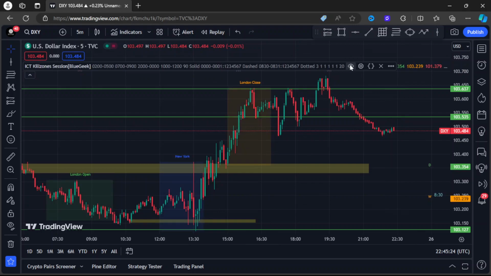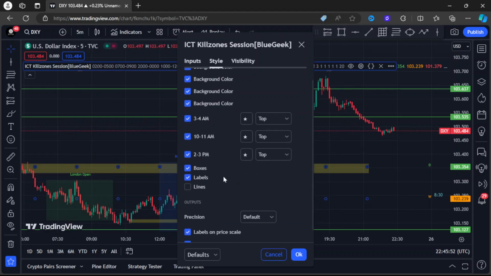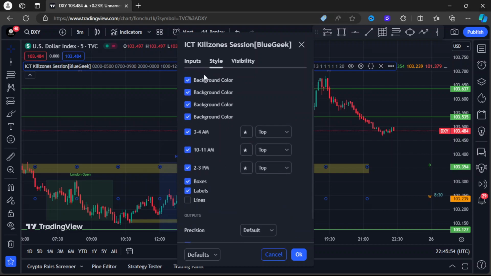When you get that ready, let's go to the settings. You're going to see this settings icon at the top here. Click on the settings, and on your default settings you find something like this. Under style, you're going to see the lines checked, so you need to uncheck the lines. If your settings are not the same as this, you have to make them the same to set your kill zones.